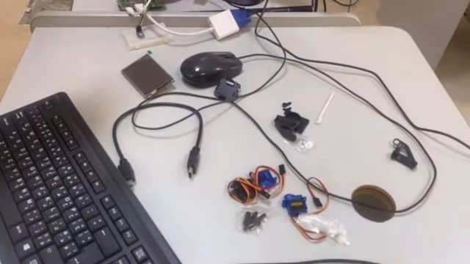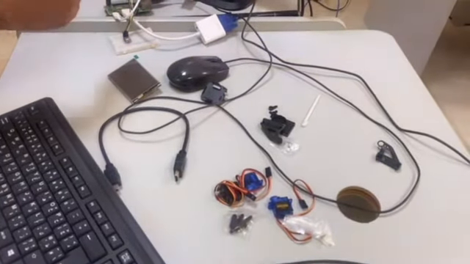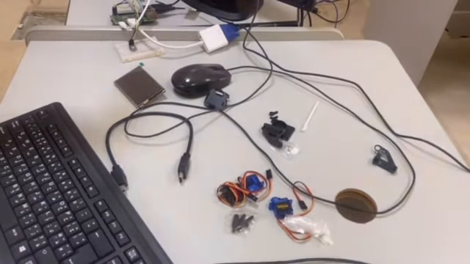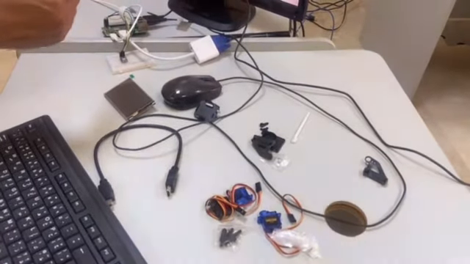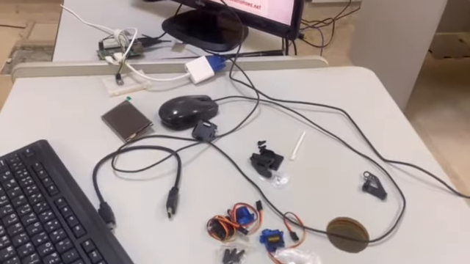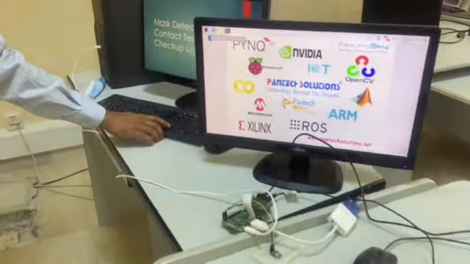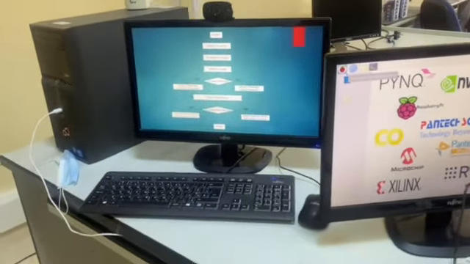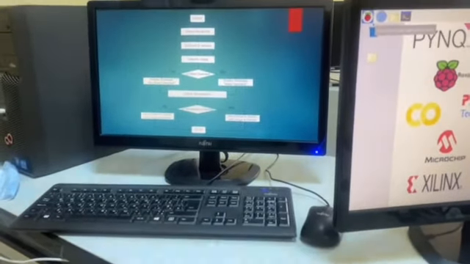So now I will explain our project plan. First of all, we analyze the idea, then we meet each other to discuss the idea, then we discuss with the stakeholder, then we document the current system, then we design the project, then we design the system, then we design the circuit diagram.